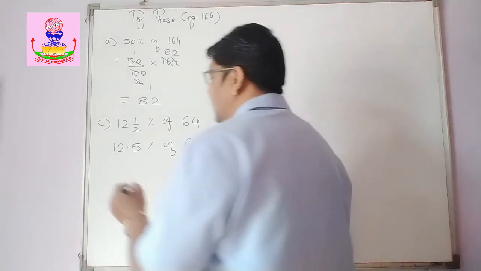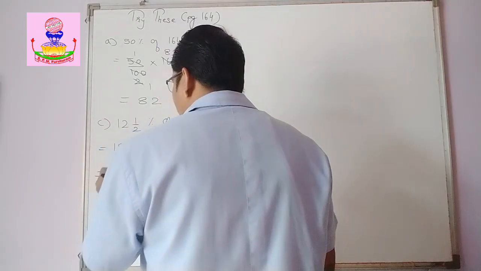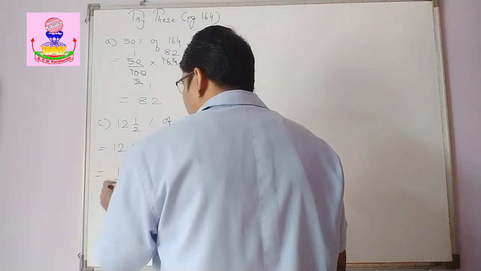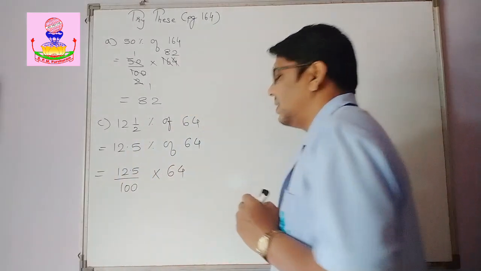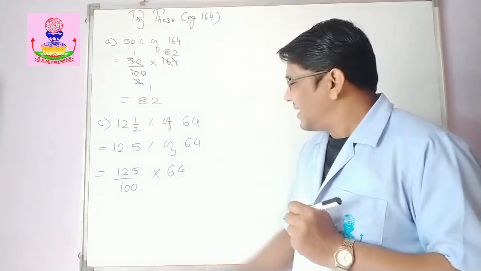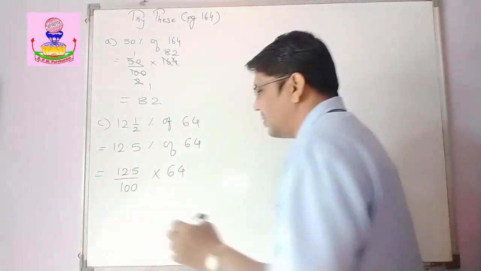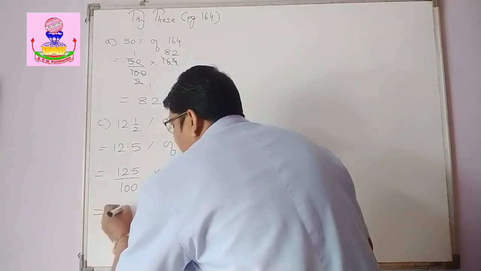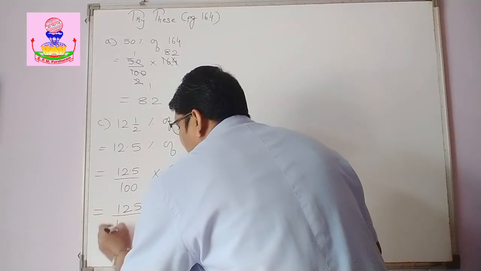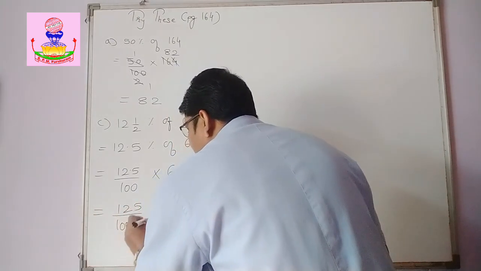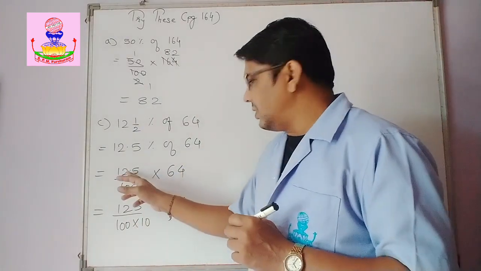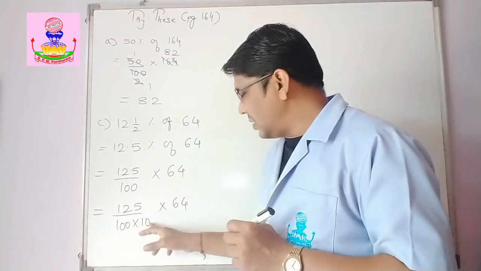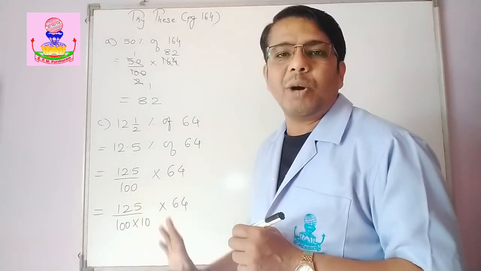Now 12.5% means 12.5 upon 100, of means multiplication, into 64. Now remove the decimal point. So it becomes 125 upon 100 into 10 multiplied by 64. After decimal, 1 digit, so 10 is in the denominator.